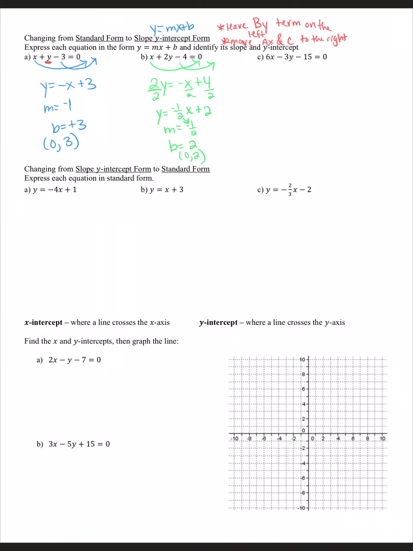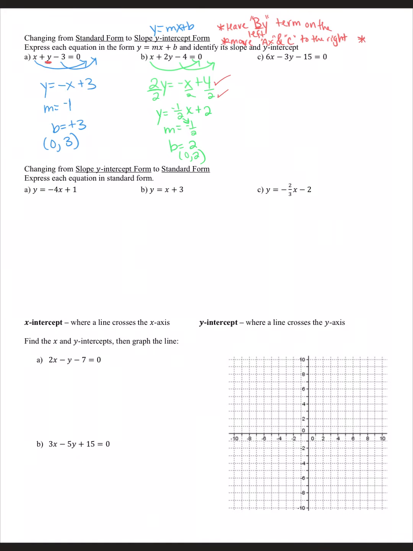So this actually added one more step to our process. Right, we left the by term on the left. I'm going to put those in quotations. And then we moved ax and we moved c to the right. Right, so that was all here. Our last step was that we had to divide everything by 2, which 2 ended up being that b, right, that coefficient on my y.